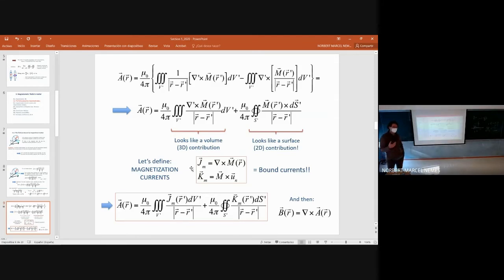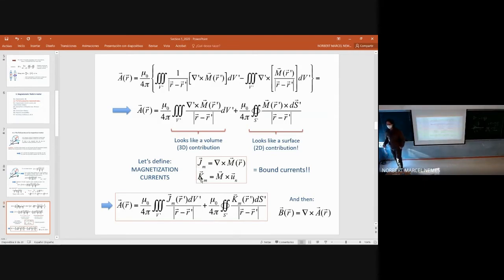A current, we think of as electrons or some sort of charges moving around. There's nothing moving around here. It's magnetostatics, but still you can pretend as if there was current throughout the volume, and then we can forget about the magnetic moment. Of course, at the surface, we have to be more careful. There is also a surface contribution. The second part is equivalent to having a surface current.